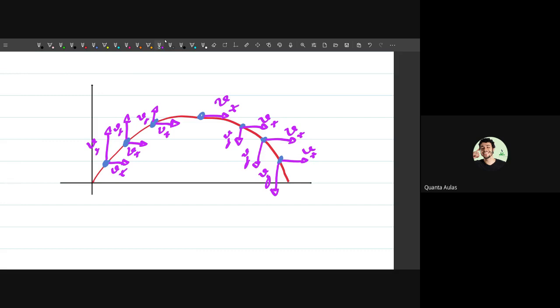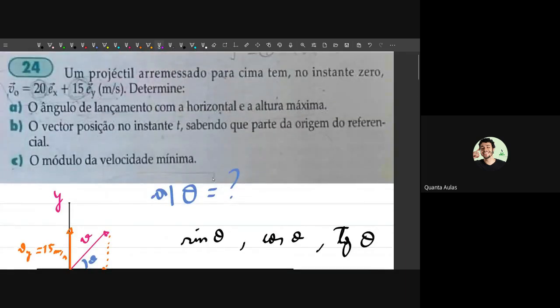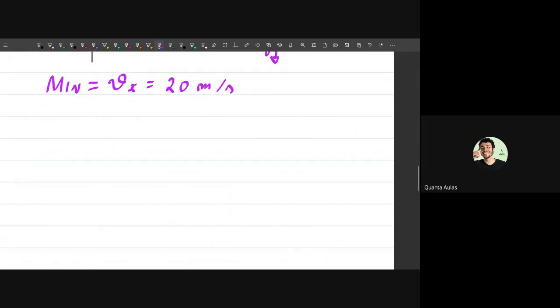So Vx, the minimum, is equal, Vx is equal to 20 meters per second. Okay? Yeah. Just like that. Very easy. We don't need to know any math here. Just look at the problem and it's already done. Amazing. Okay, 24 is done.